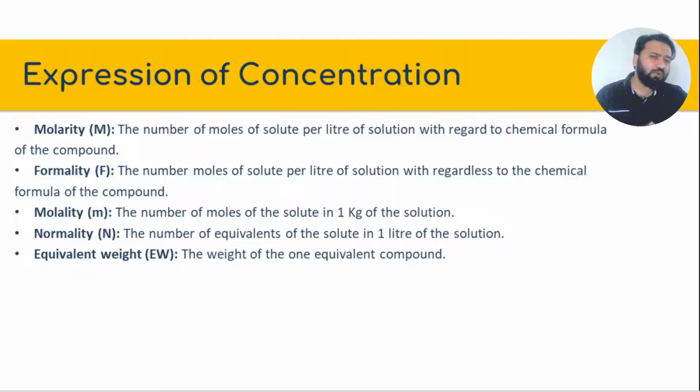It is the number of moles of solute per liter of solution regardless of the chemical formula of the compound. So when a compound is ionic in nature and it is dissolved in a solution, per liter of the solution, it is termed the formality. And it is not used for the molecules or the compounds. For the compound we use the molarity, and for the ionic compounds we use the formality.